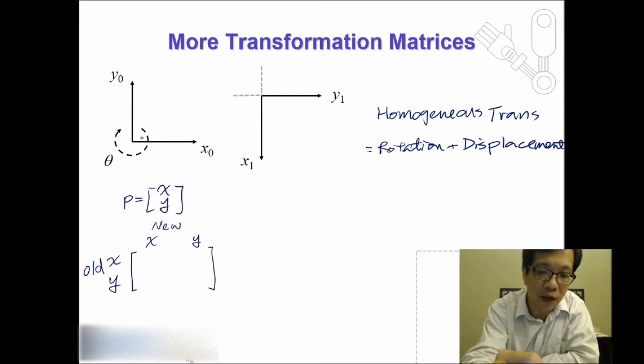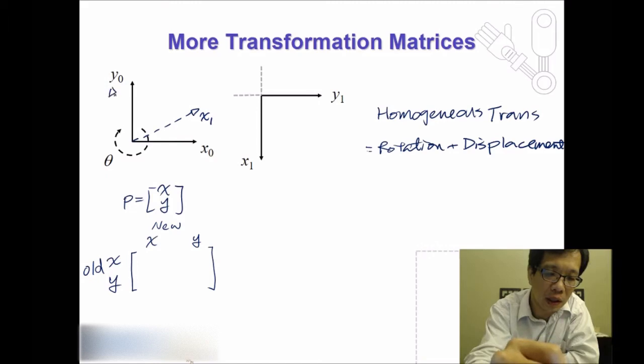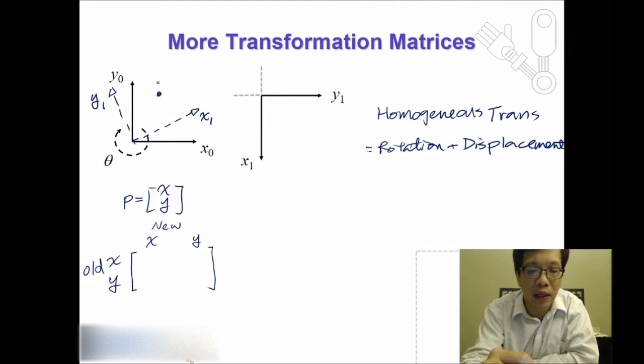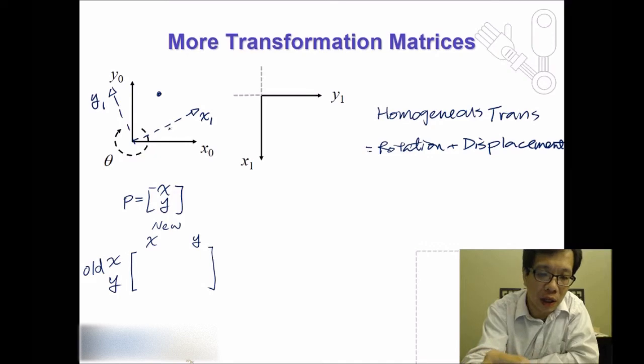So if we have a position corresponding to the new axes x1 and y1, located over here with an angle theta, and we project this onto the old xy coordinate system, the x component is cosine theta and the y component is sine theta.